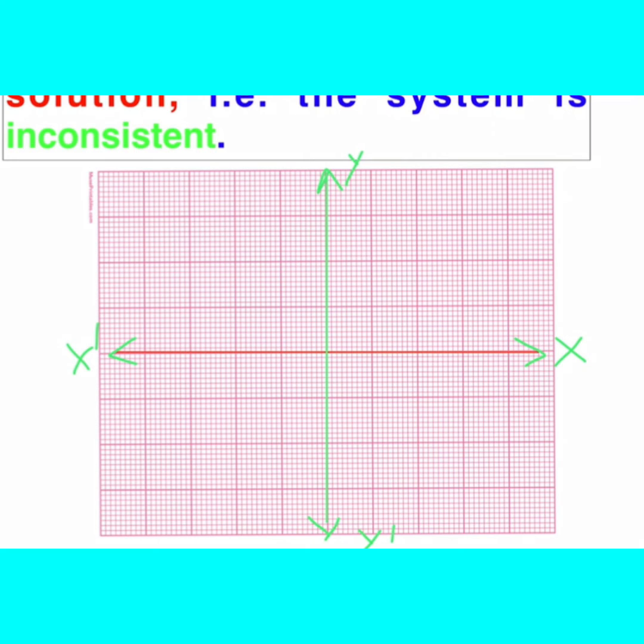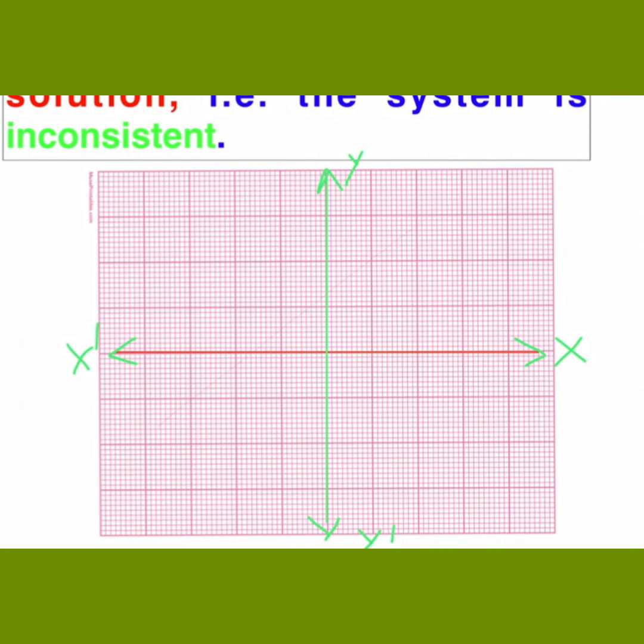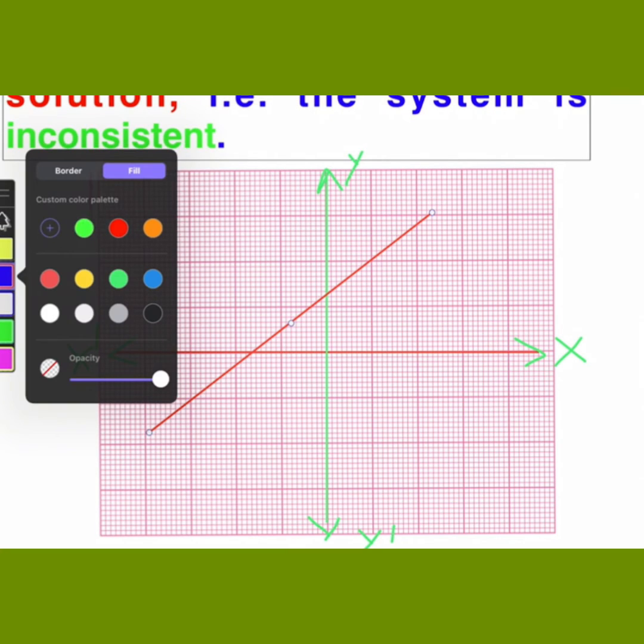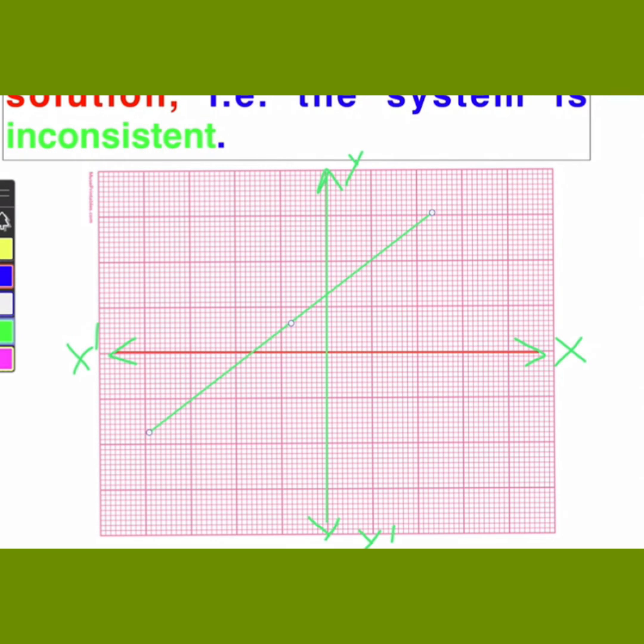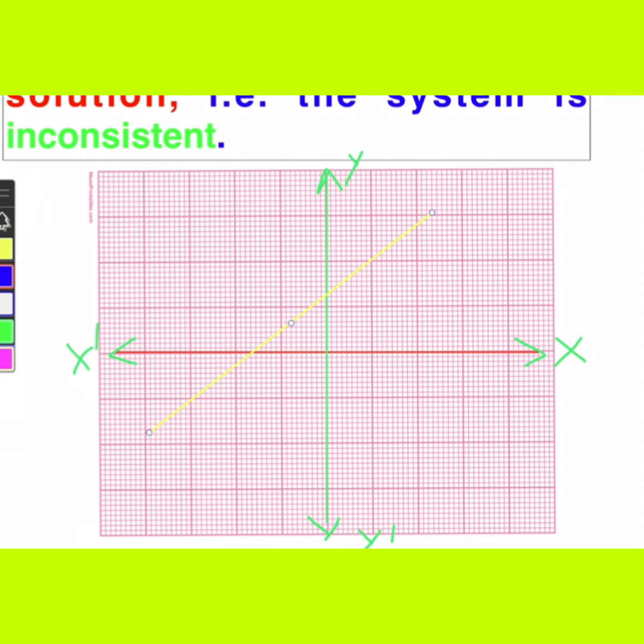And here if we get two lines such as, and the second line, here you can see that these two lines are parallel to each other.